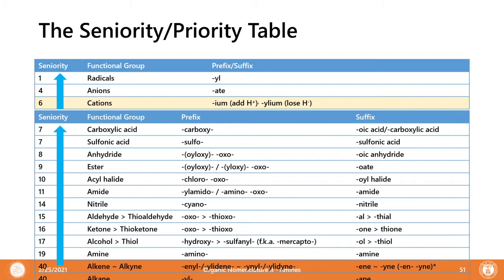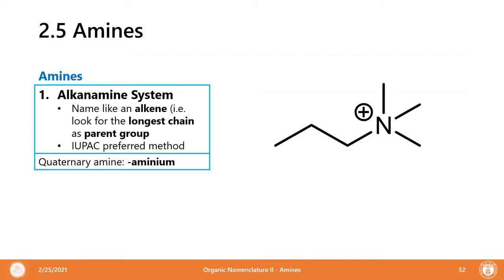So let's take one important cationic compound, the quaternary ammonium ion. We name it essentially the same way we do a regular amine, but use a different suffix, which is ammonium, to signify that the amine is positively charged. So let's illustrate.